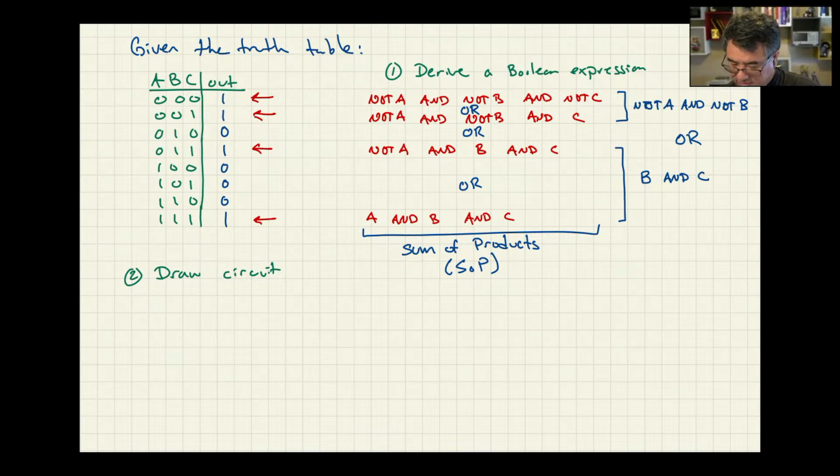So now we can draw a circuit based upon that simplification. I've got an OR at the very end. This is my output here, and that represents this OR. Then on the top side, I have A going into a NOT, and B going into a NOT, and then those both go into an AND.